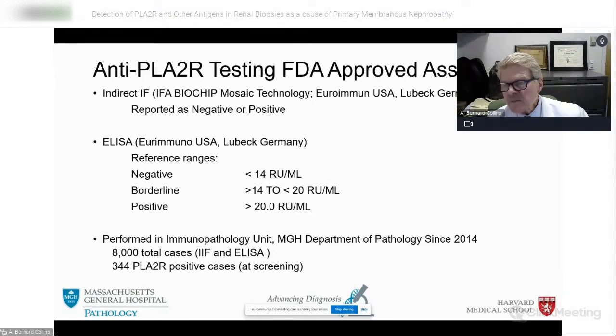Well, the reason is that a lot of these sera are sent in to us as reference testing. And the test is usually used as a screening test because often the patient may just have proteinuria and not membranous. And as you know, there are other renal diseases that cause proteinuria. So that explains the lower incidence of positivity that we've found in these patients.